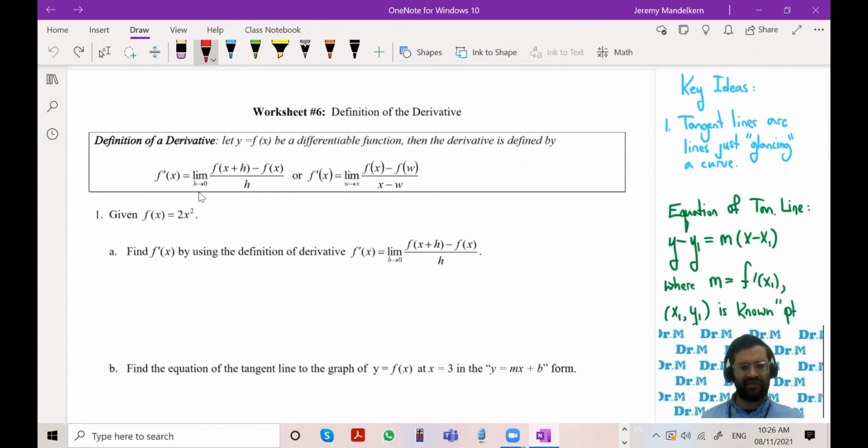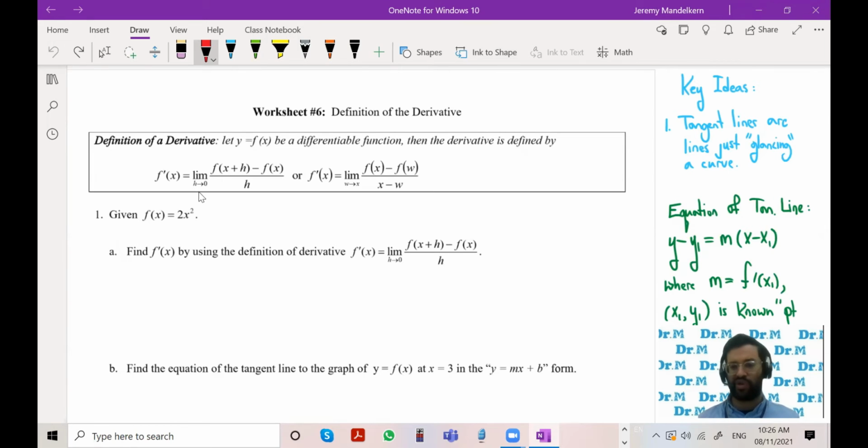It says, given that the function f of x is 2x squared, find f prime of x using the definition of the derivative provided. So here, if you've done calculus before, you'll recognize that the definition of the derivative is nothing but a limit as an increment goes to 0 of a difference quotient.